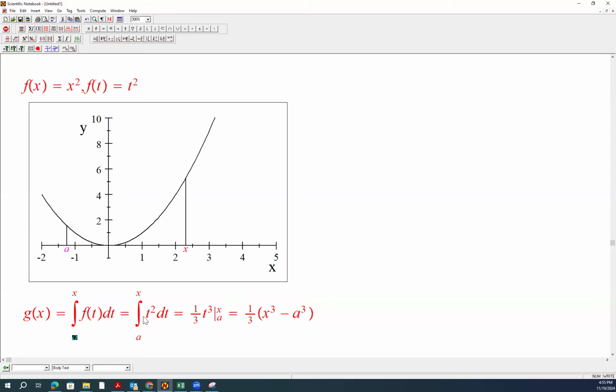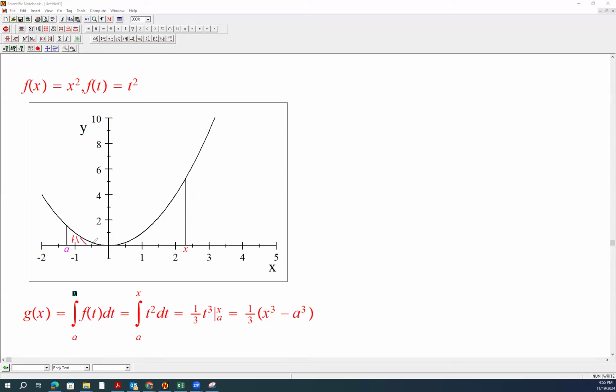So we're finding the area between a and x, and that is the total area right here.